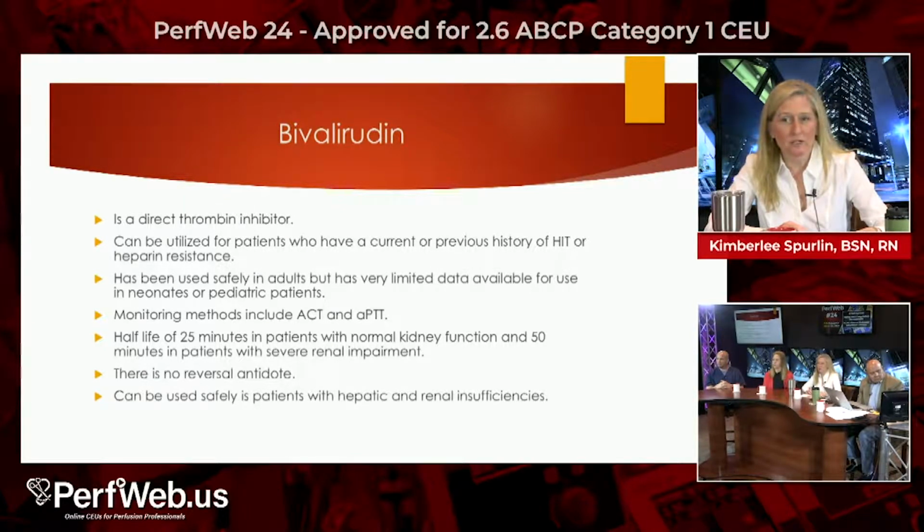Half-life is 25 minutes in patients with normal kidney function and 50 minutes in patients with severe renal impairment. Again, no reversal antidote, so when you have a patient who starts having bleeding issues, it becomes a problem, because 25 minutes can seem like a long time when you're emptying the blood bank. And it can be used safely in patients with hepatic and renal insufficiencies.